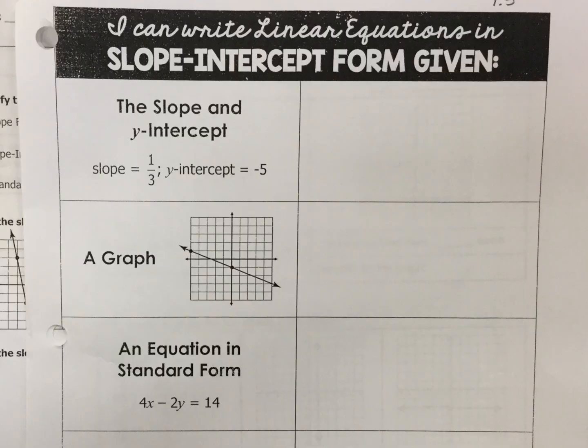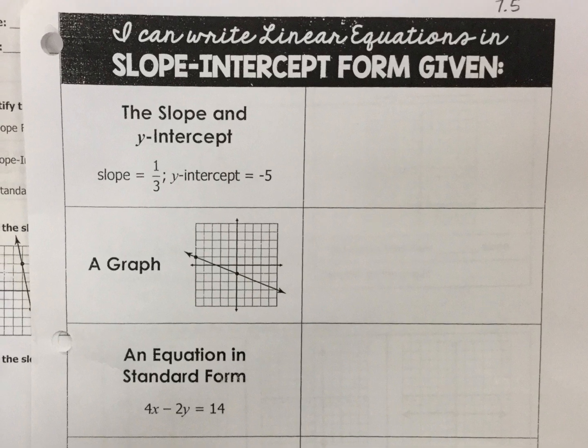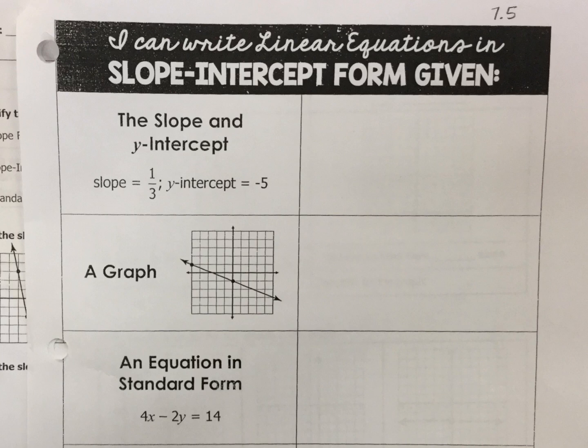This page is just a quick review of everything we have done so far. We're only going to do the top half. So slope-intercept form is how we like to write things. Slope-intercept form is y equals mx plus b. When I look over here, it says my slope is 1/3.